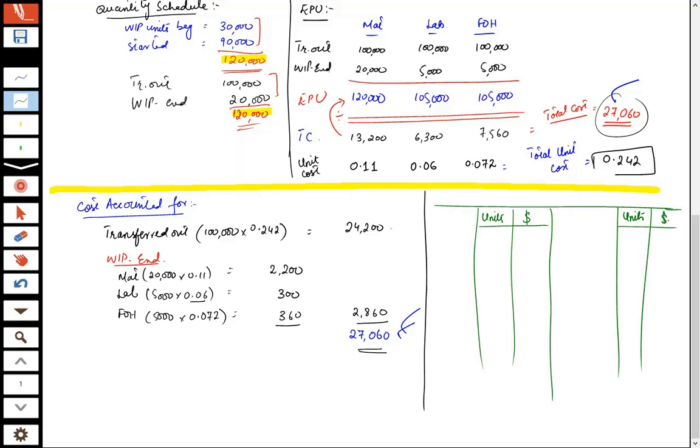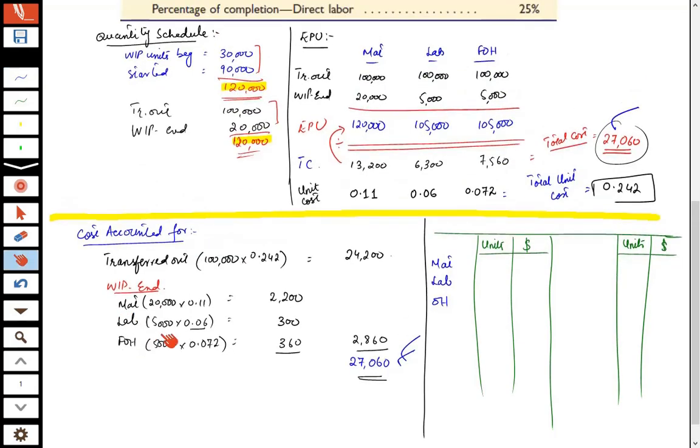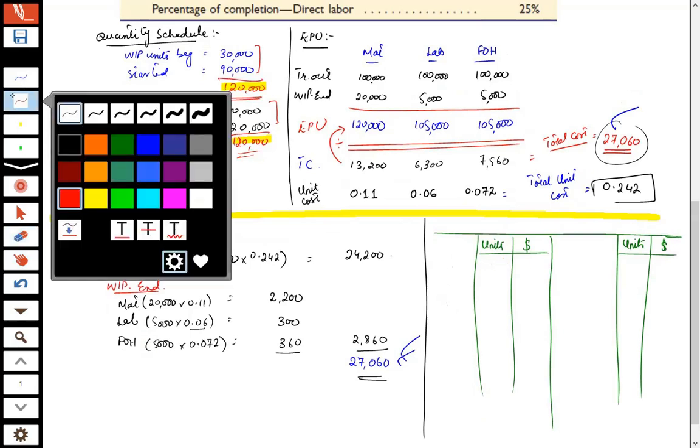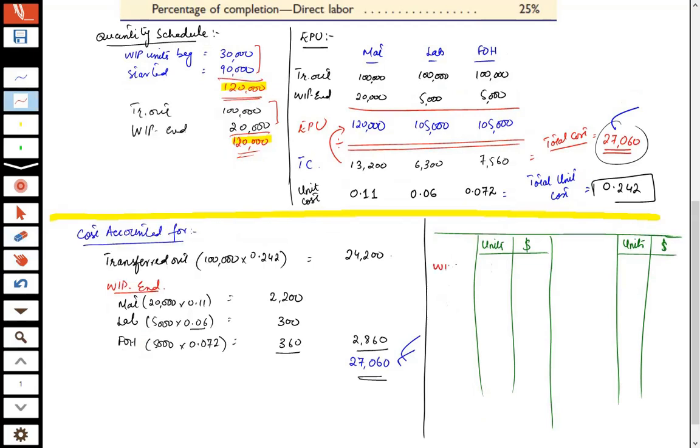So we will write first units started, that is material, labor, and overhead. Started was 90,000, and their cost was, but basically here we will write first WIP beginning, because we have WIP beginning as well.